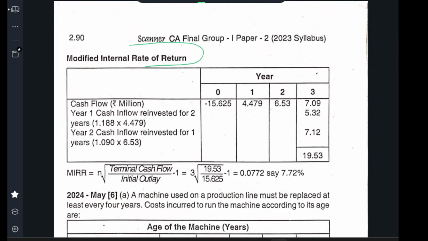Now the modified internal rate of return. How do we get 7.72%?